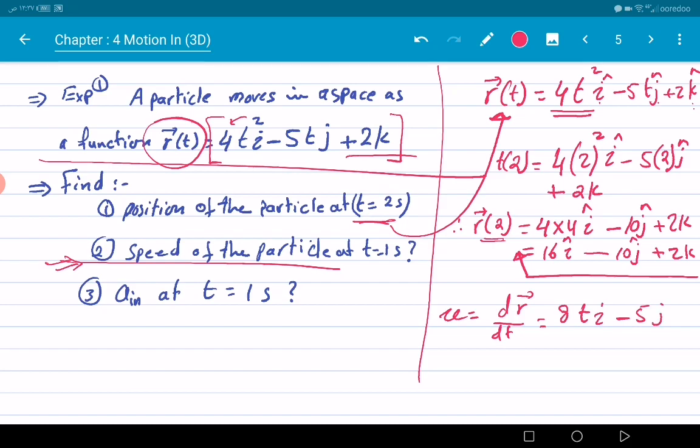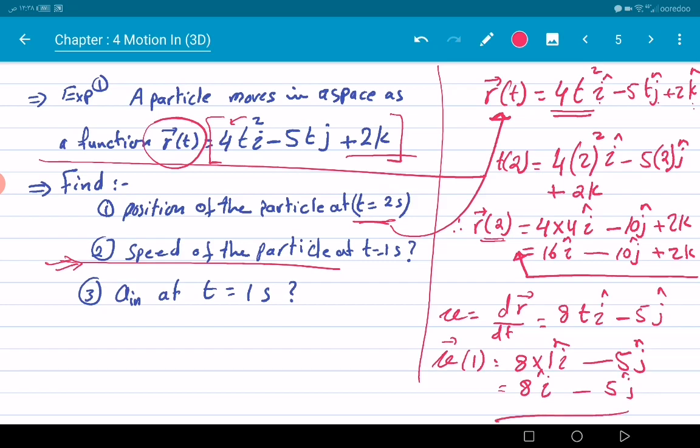So v at 1 second is equal to 8 multiplied by 1 i hat minus 5j hat, so it's equal to 8 i hat minus 5j hat. So that is the velocity.